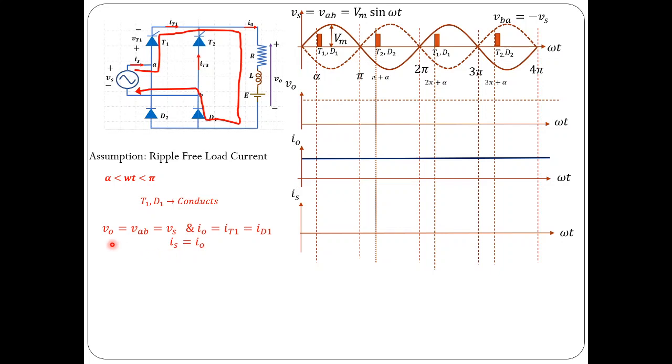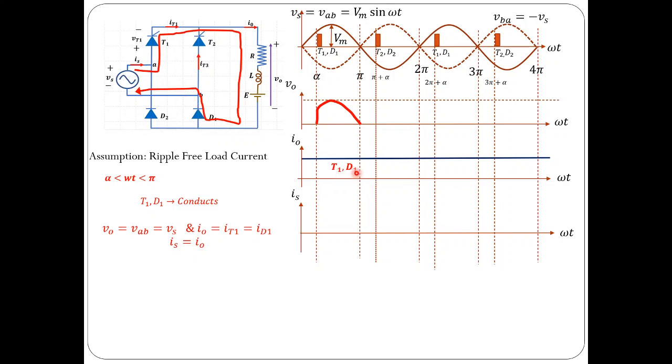Now let us indicate these mathematical expressions graphically. V0 is equal to VAB during this period, so that is same as this, right? V0 is same as VAB, and I0 is equal to constant, and that is same as thyristor 1 current, same as diode 1 current.